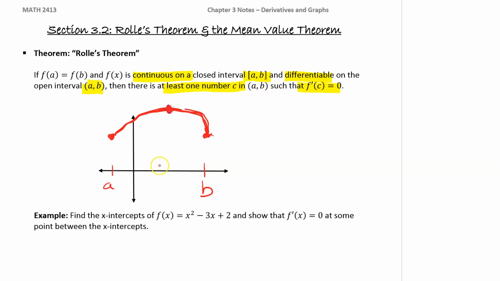Then this value here, we're going to call c, and f prime of x would be equal to 0 at this point. Basically, we could draw a horizontal tangent line at that point.